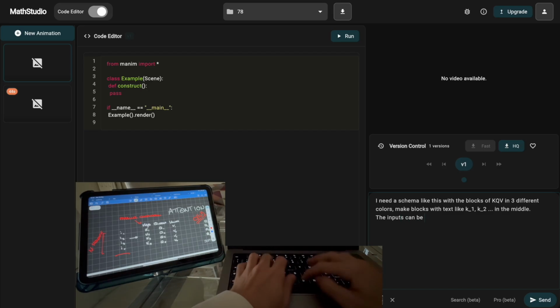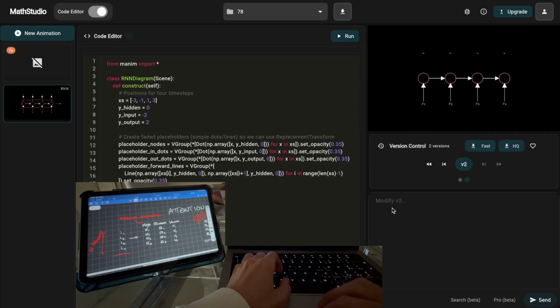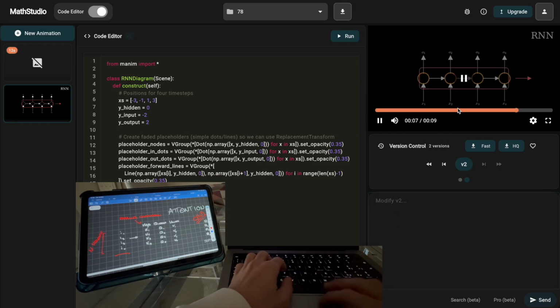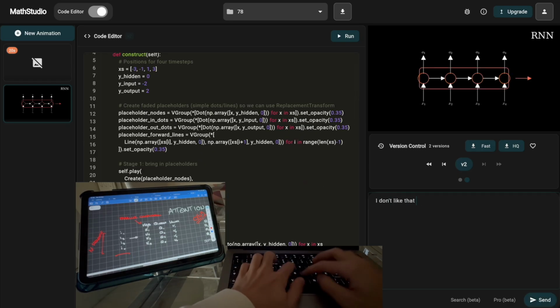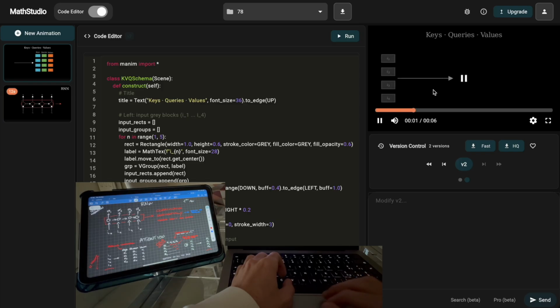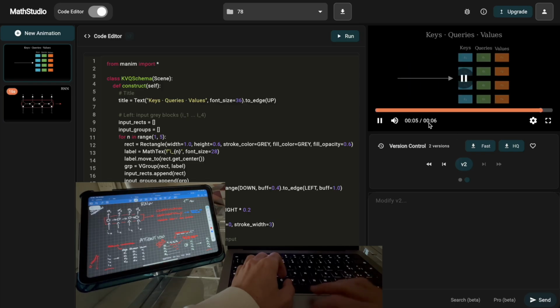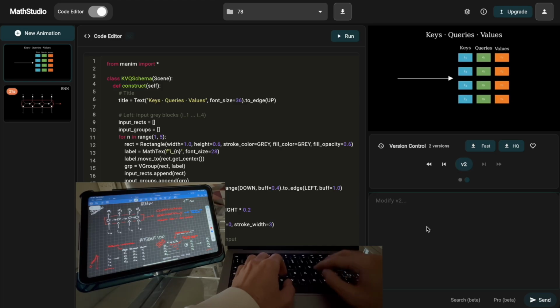The inputs can be gray boxes. Oh, this one finished. Let's see. It's kind of ugly. I don't like how they start as dots. Let's see what's happening here. I like it. I quite like it. This is fine.